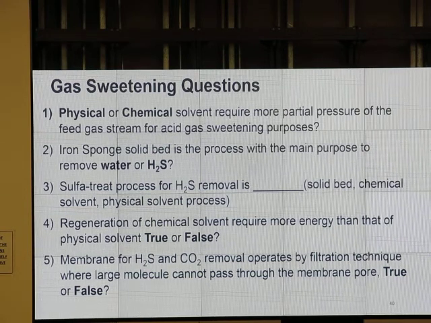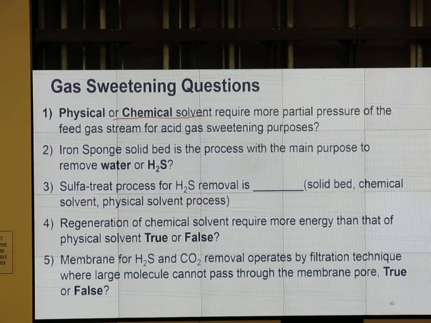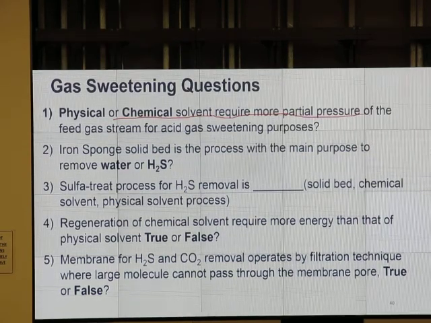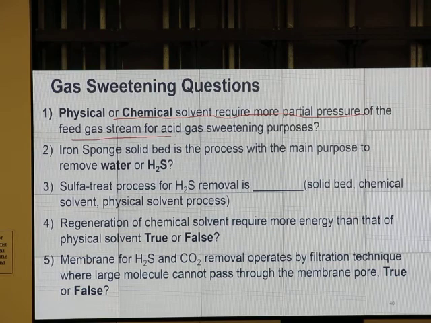Okay, who is next? Levi. Physical or chemical solvent require more partial pressure of the feed gas stream for acid gas cleaning purpose. Correct. Okay, Basma.